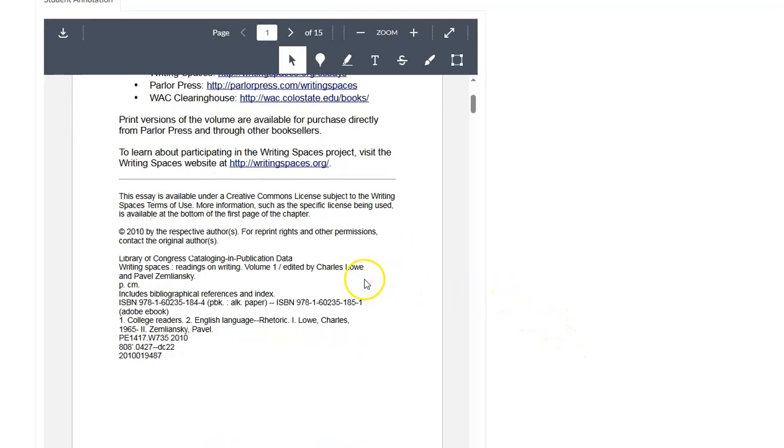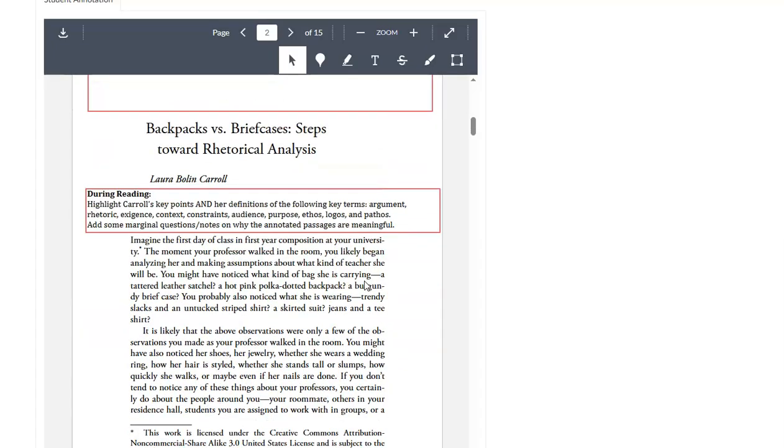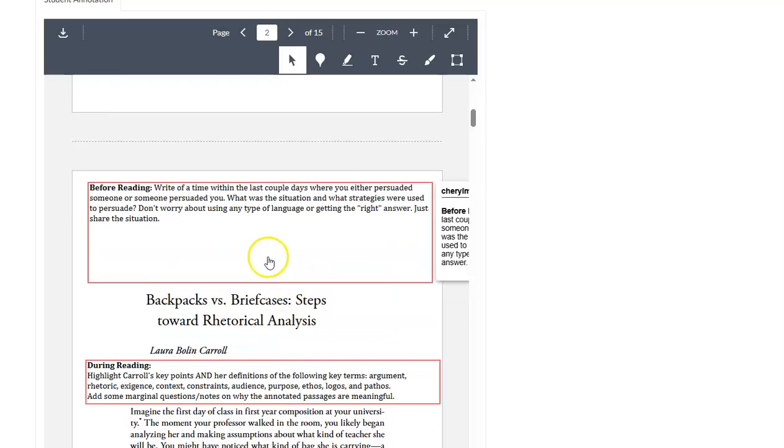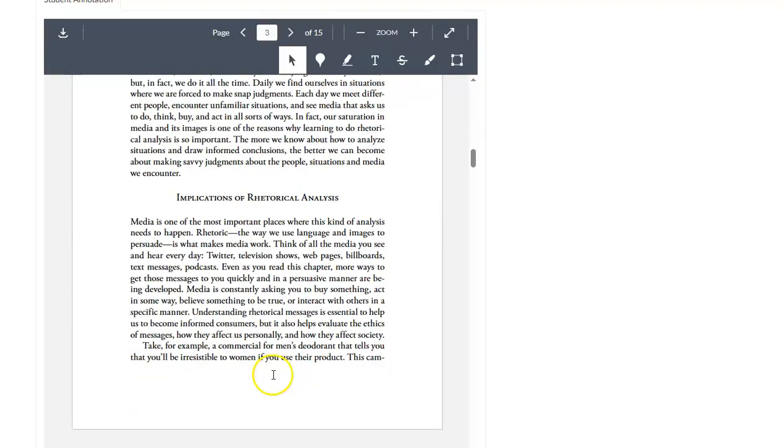It is a very important article where Laura Bolin Carroll introduces rhetoric and the study of rhetoric and why we do this. It includes some really important vocabulary. I'm asking you to do a few things here: there's a before reading question, a during reading request, and then an after reading prompt at the end.